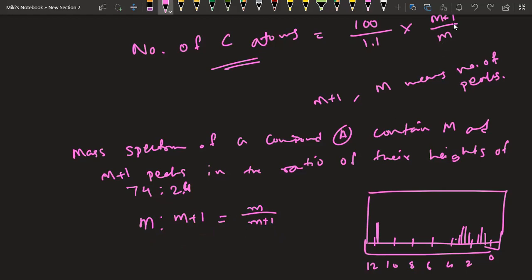That means in order to get M plus 1 over M, what do we need to do? We just need to flip the values. So 1 over M plus 1 gives us M plus 1 over M. Just flipping the value, finding the reciprocal, we get this value.